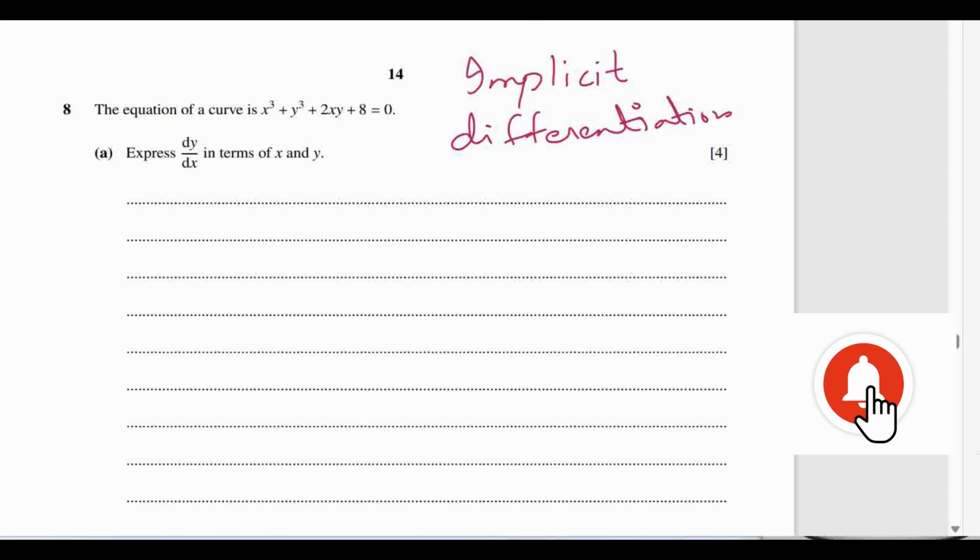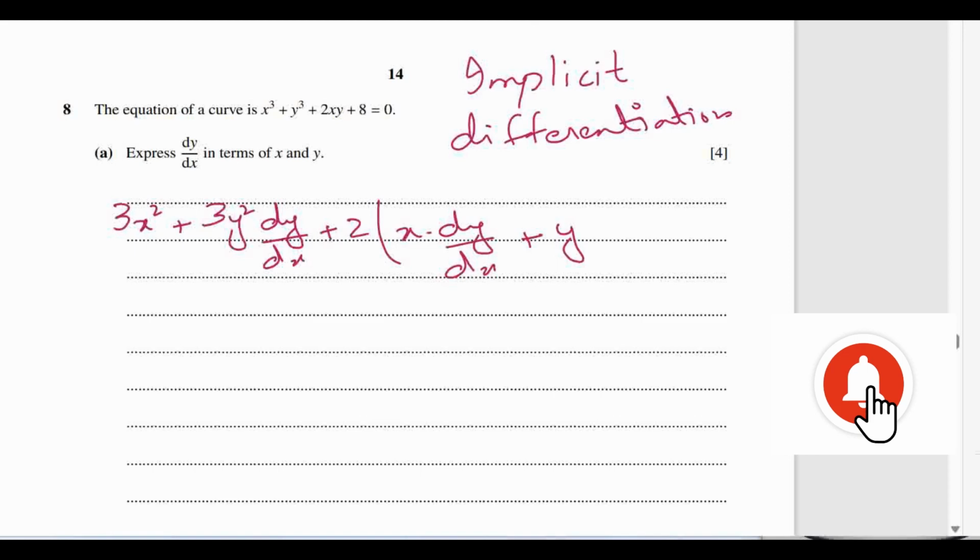So directly solving it, this will be 3x square plus 3y square. The internal derivative will be dy by dx, plus now here we will apply the product rule, so 2 into derivative of first into second, plus second into derivative of first.